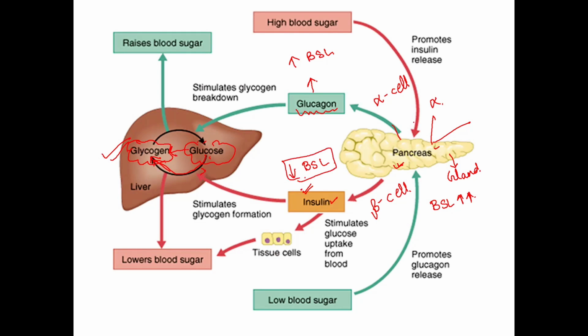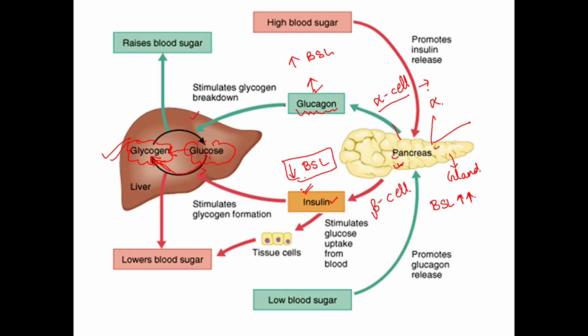On the other hand, if someone is on a diet, not consuming sugary things, then the pancreas activates alpha cells. Alpha cells make glucagon. Glucagon goes and attaches to its receptors.